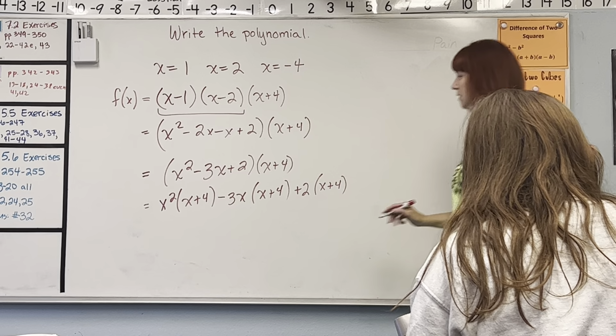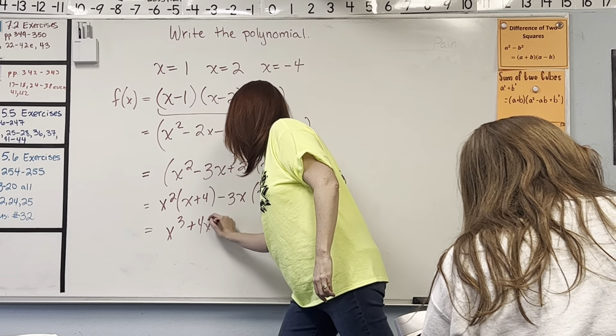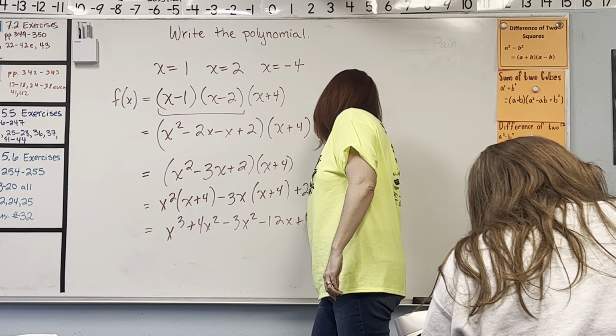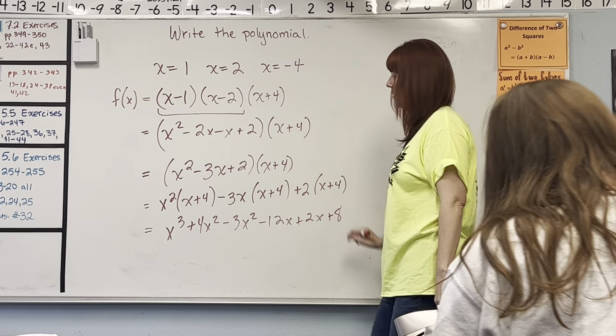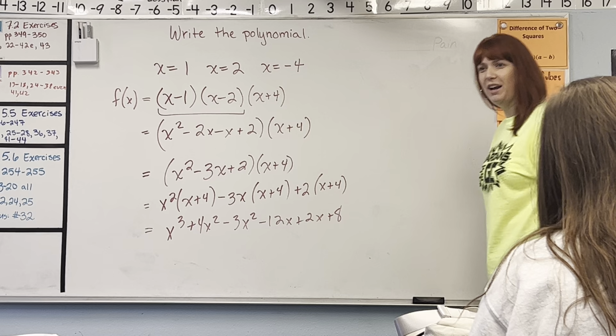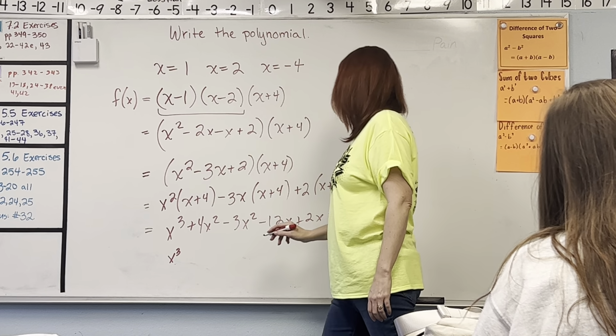Can I give you the answer? Yeah, hold on, let me write this part out. Okay, what'd you get? X to the third plus 4x squared minus 1x minus 1.